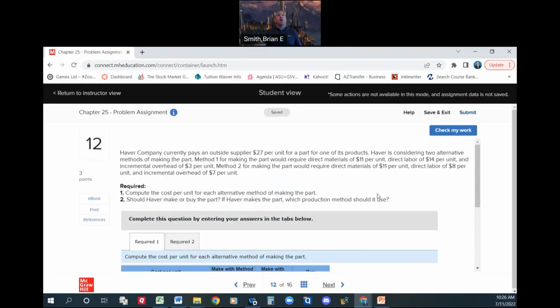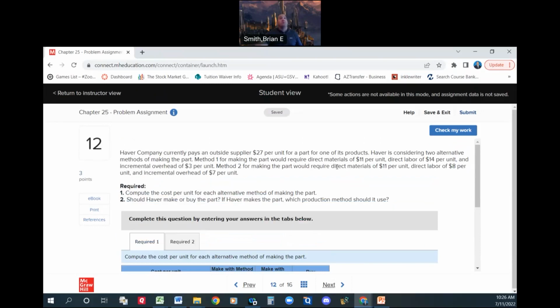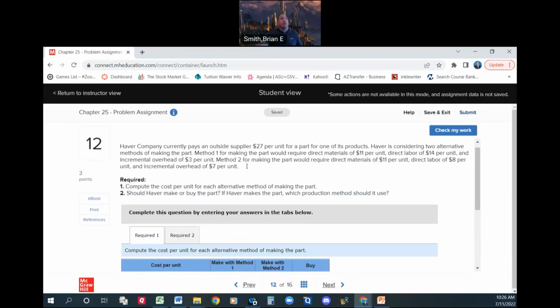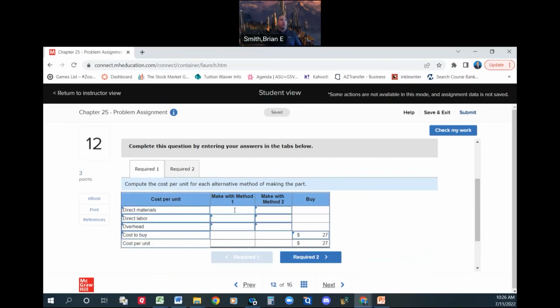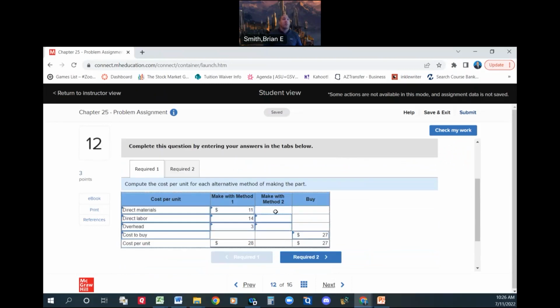So this one's 27. Method one is 11, 14, and 3. Okay, probably not going to go with that choice. It's too high. And then method two is going to be 11, 8, and 7.